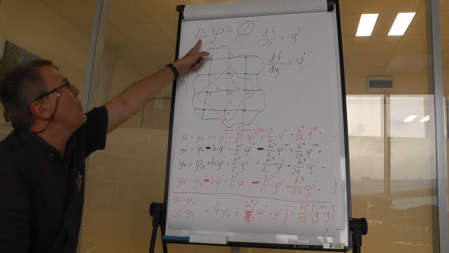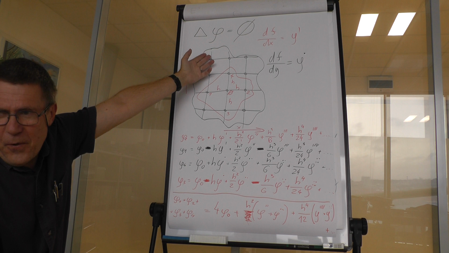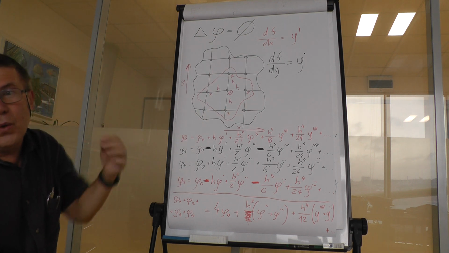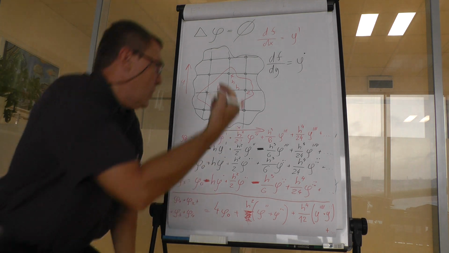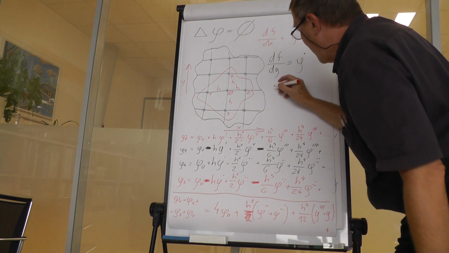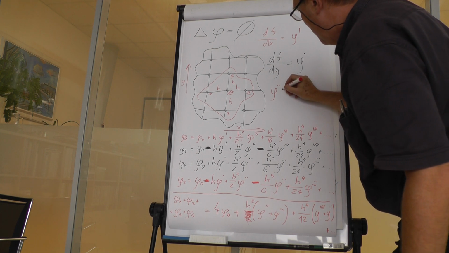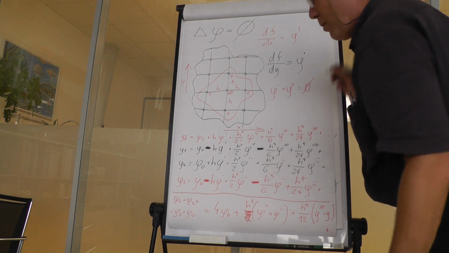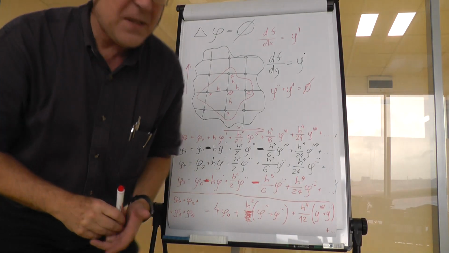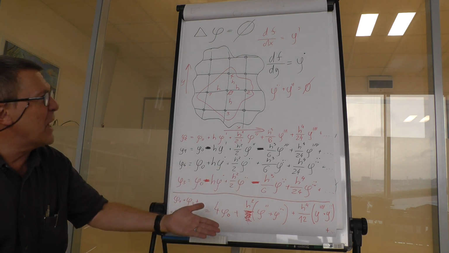And a Laplace equation says that the Laplace applied on phi is 0 in a 2D space. It says that, well, I will rewrite it in this notation, phi 2 dots plus phi 2 apostrophes is 0, because the Laplace is a sum of second derivatives against x and y in a 2D case.